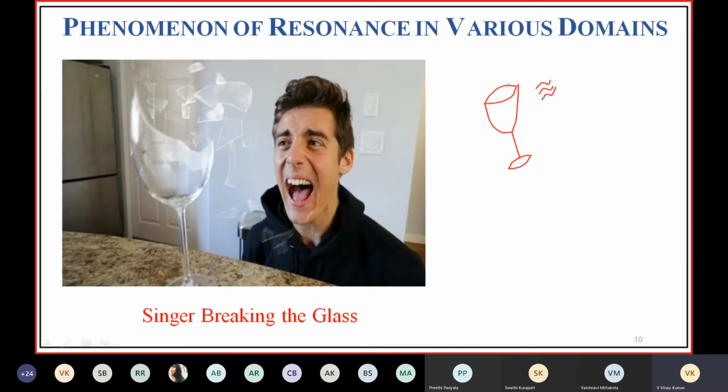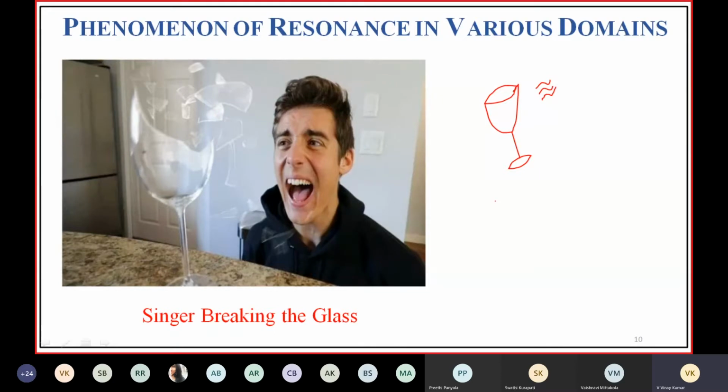At one particular frequency, this glass breaks because of resonance. Because of resonance means every object has its own frequency. That frequency is called the natural frequency of that particular object.